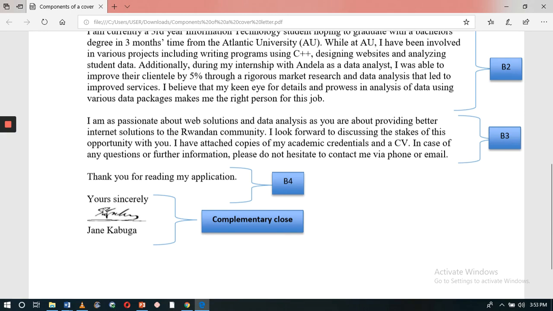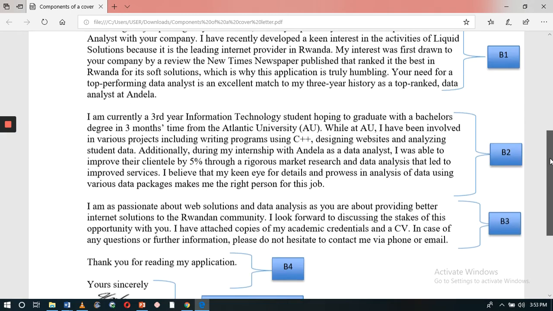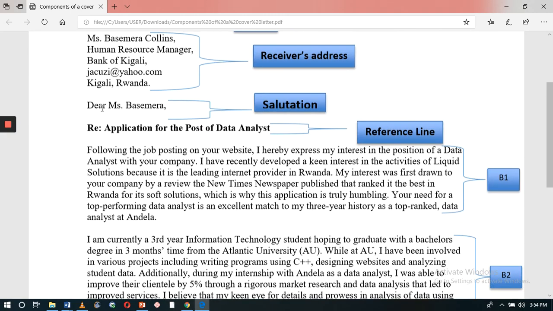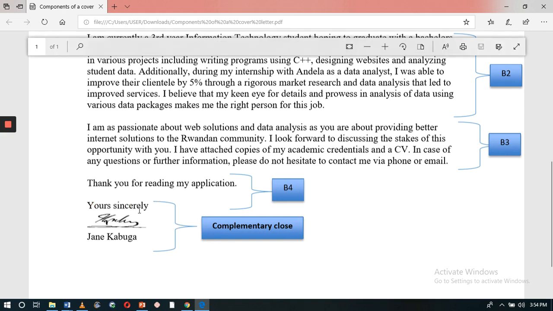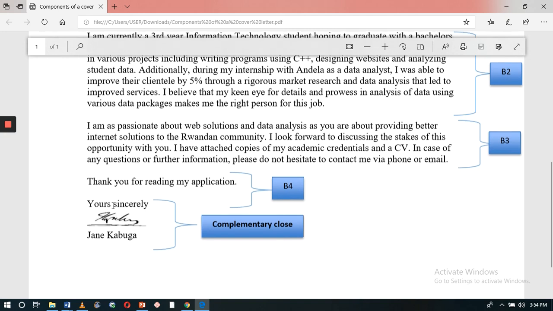So with the complementary clause, if you stated the name of the person like it is here, then in the complementary clause, you put yours sincerely. But if you didn't know the name and so you said sir or madam, then in the complementary clause here, you'd need to put yours faithfully.